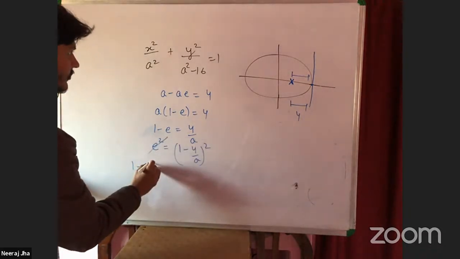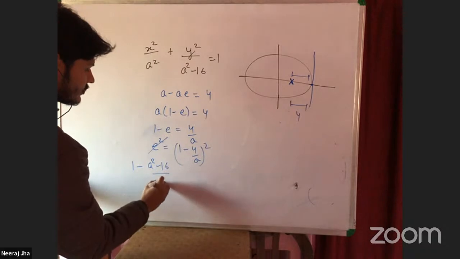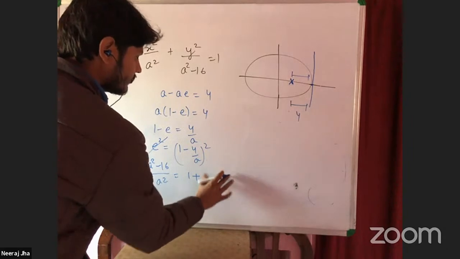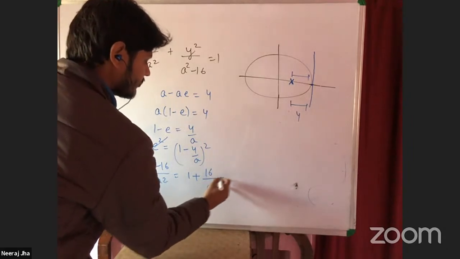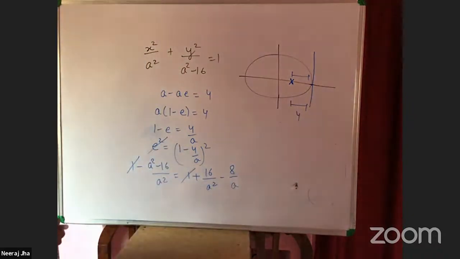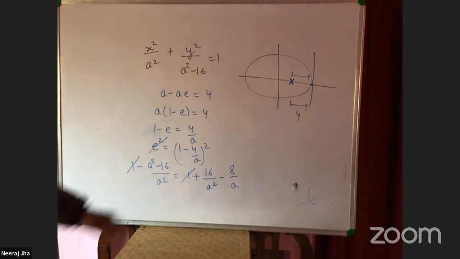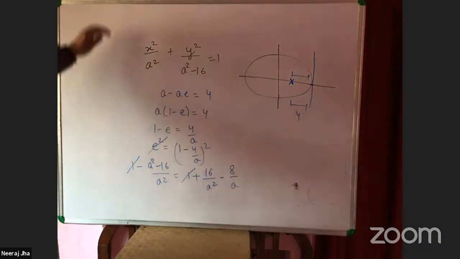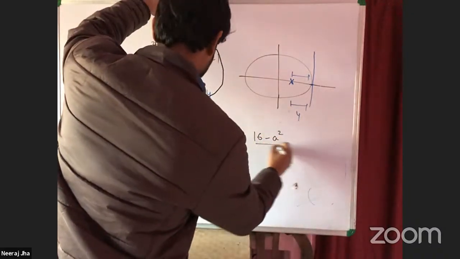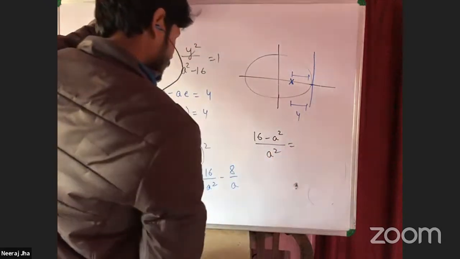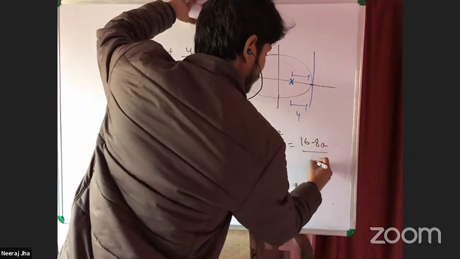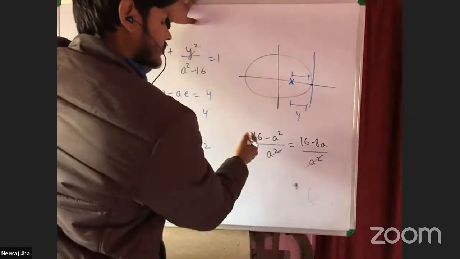E square is 1 minus (A square minus 16) upon A square, is equal to 1 plus 16 upon A square minus 4 2s are 8 upon A. 1 and 1 is cancelled. Now we can simplify it. This will be equal to 16 minus A square divided by A square is equal to 16 minus 8A upon A square. Now A is not 0, so cancel.